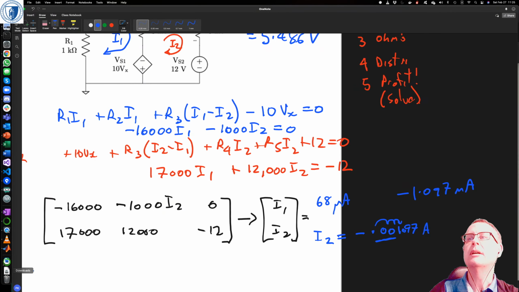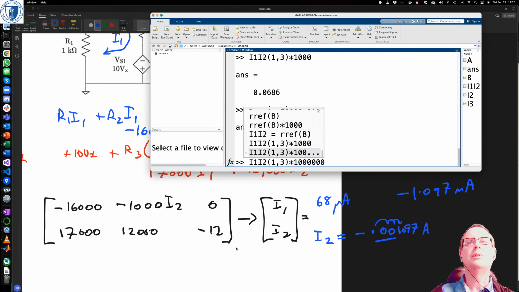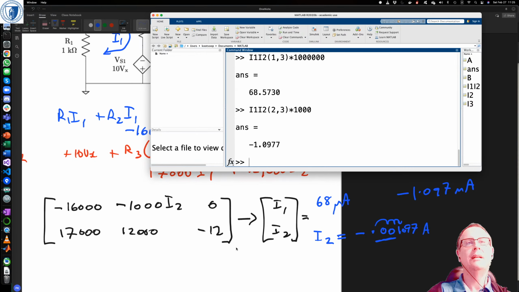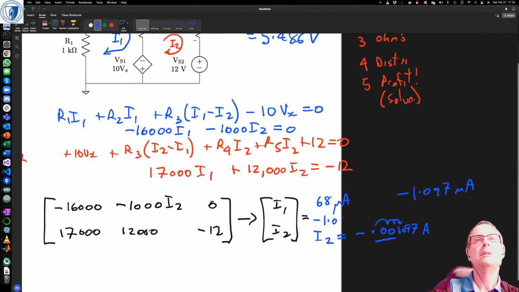And let me bring it back and get I2. I'd probably write that as minus 1.098 milliamps, just to round up the 7. But yeah, you got the right number there. Okay, that looks good.